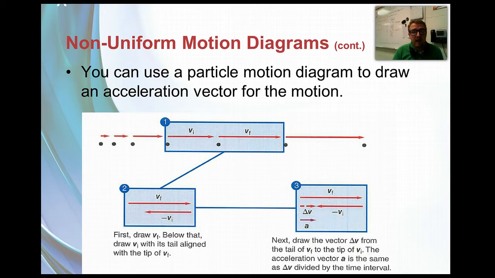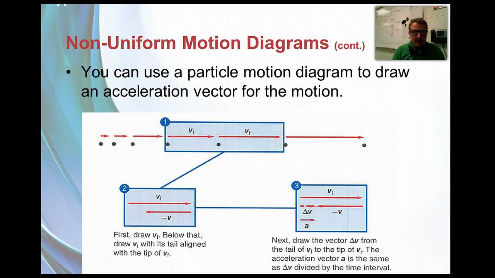It's a changing velocity. It starts over here on the left going slow, and then it's speeding up, then speeding up some more, and then there's a very large vector over here that shows an even greater increase in velocity. Now we really could look at any two vectors in this particle or motion diagram. However, we're just going to isolate these two central ones.